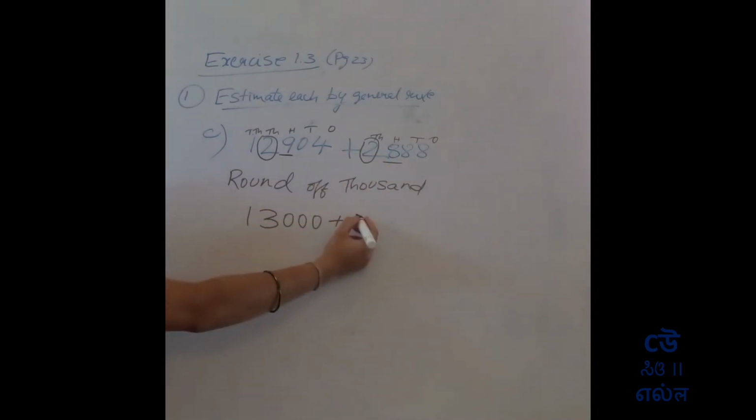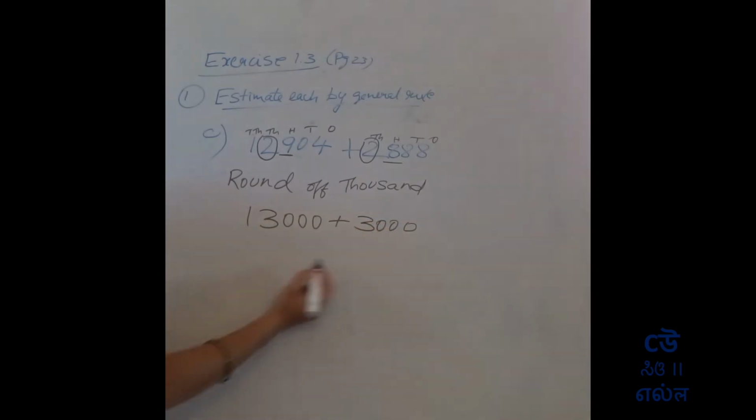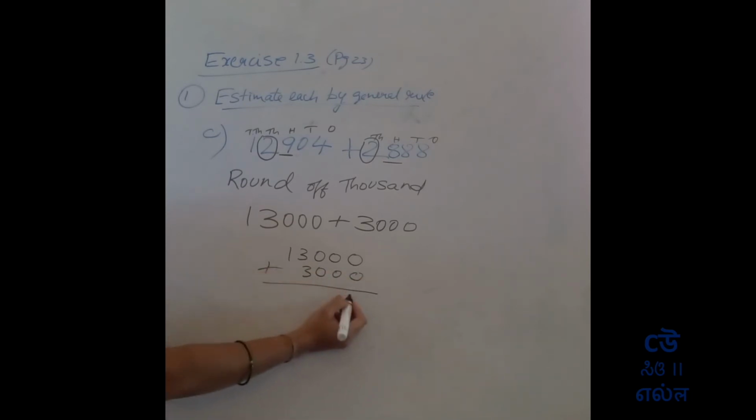So we have to increase one number, that is 3. So we have 13,000, next 3,000, what will be the answer? 16,000. Understood children? If we add this, we will get 16,000.